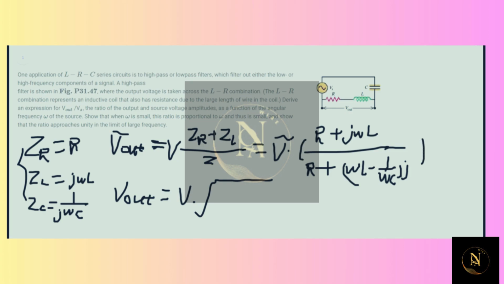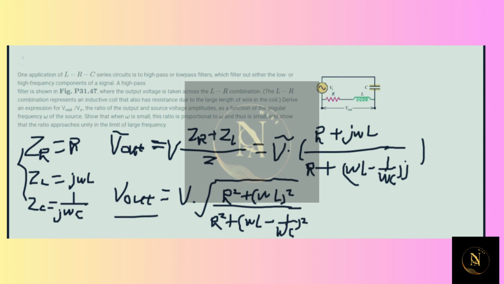The amplitude is the square root of R squared plus omega L squared, over R squared plus omega L minus 1 over omega C squared. So this is V out, the amplitude of the voltage.